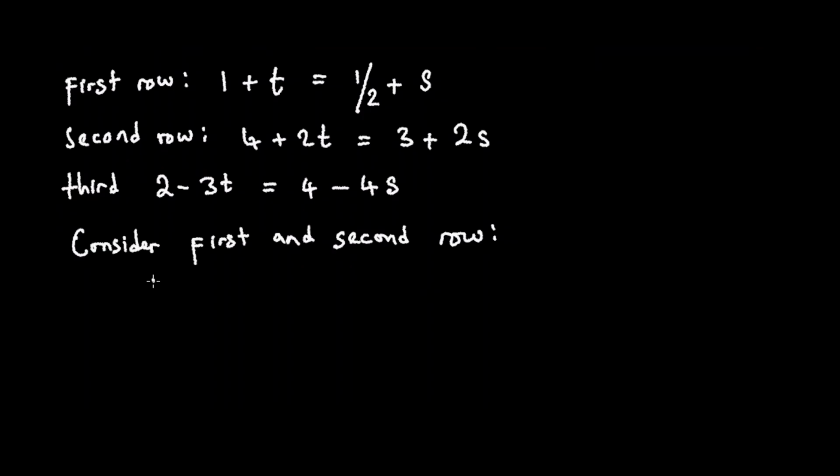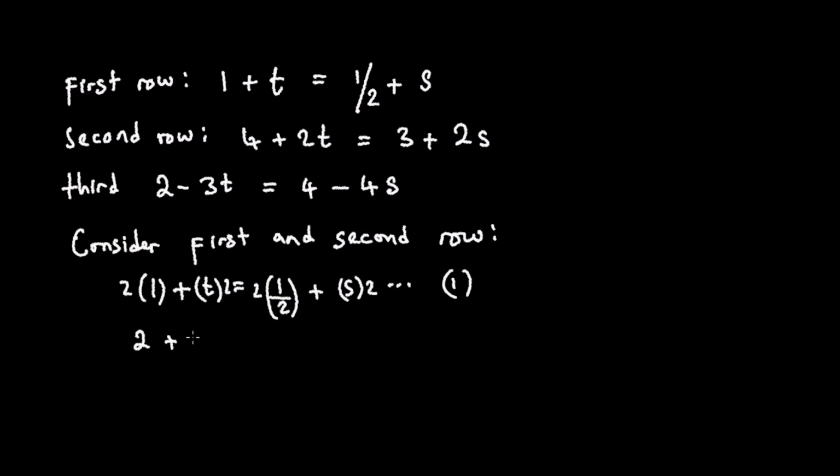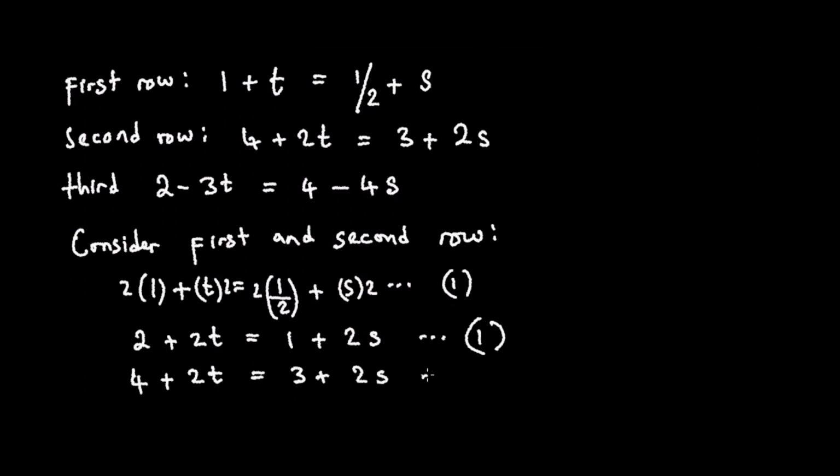So here we have 1 plus t is equal to half plus s, which is equation number 1. To clear the fractions we multiply everything by 2, and we see that 2 plus 2t is equal to 1 plus 2s. So that is our equation 1. Equation 2: 4 plus 2t is equal to 3 plus 2s.